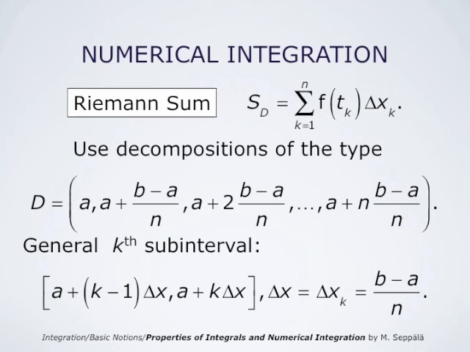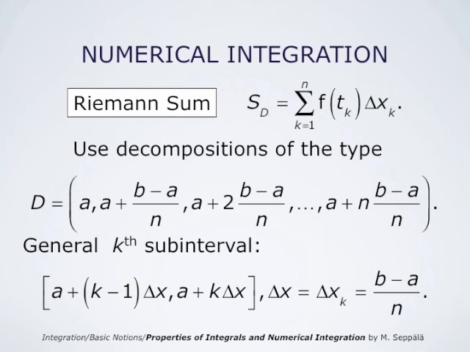So the general kth subinterval in this case would be the interval from a plus (k minus 1) times delta x to a plus k times delta x, where delta x is (b minus a) divided by n. And then we may let n grow to get a good estimate.